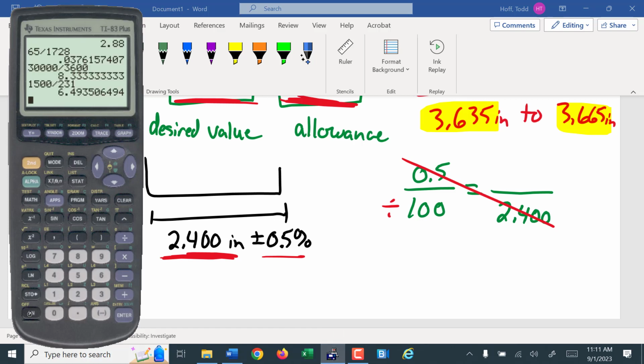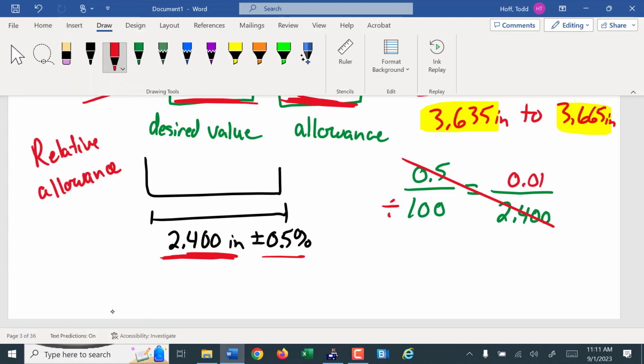So it is 0.5 times 2.4 divided by 100. We get 0.012. So this is the same as saying 2.40 inches plus or minus 0.012 inches.